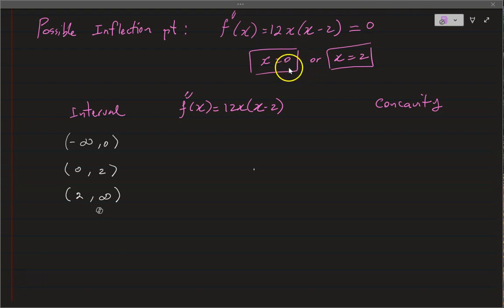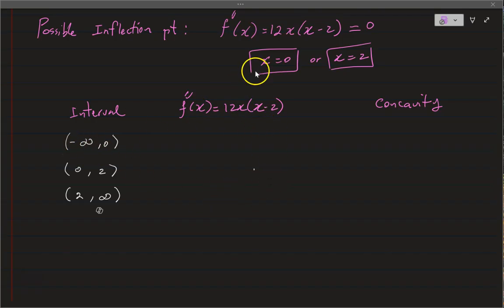We're going to go to the left of the first value, x equal to 0, so negative infinity to 0. Then in between the two values, and then anything greater than 2, to see if there is a concavity change, a change in curvature in terms of the sign. And this is the second derivative sign, and let's see what happens.